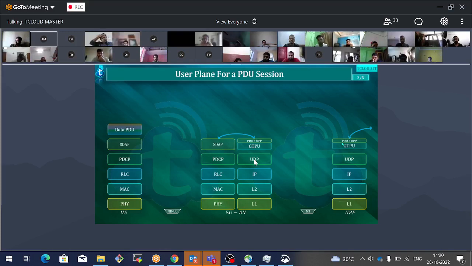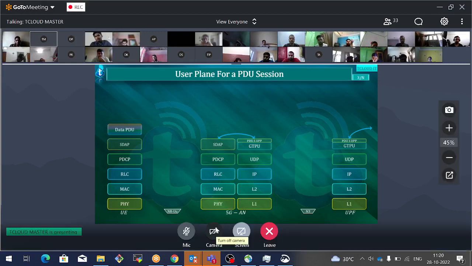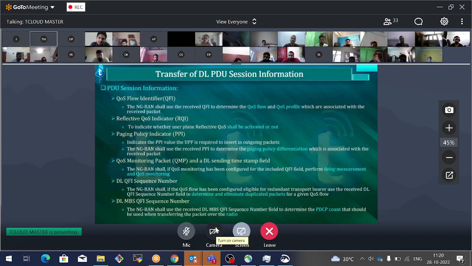Okay. So what details would this PDU session user plane protocol pack? These are the pieces of information that it adds. Even though a lot of parameters are there, I will ignore the parameters that are not part of our curriculum.